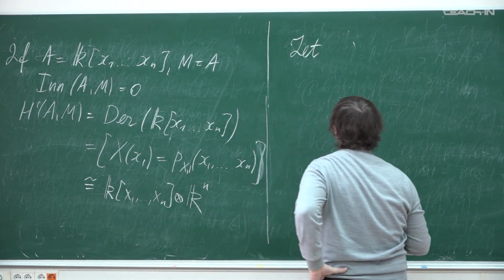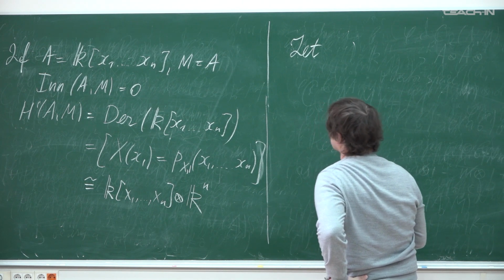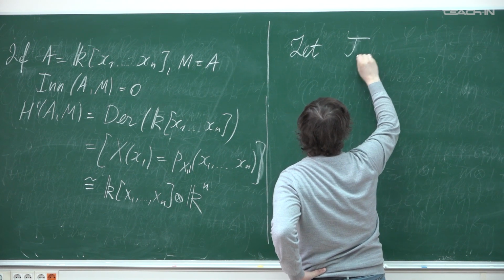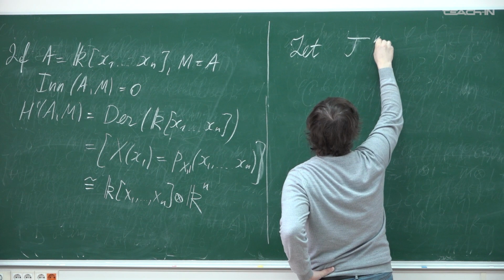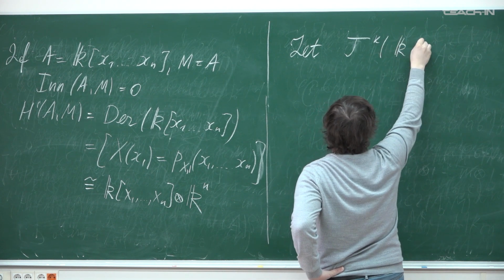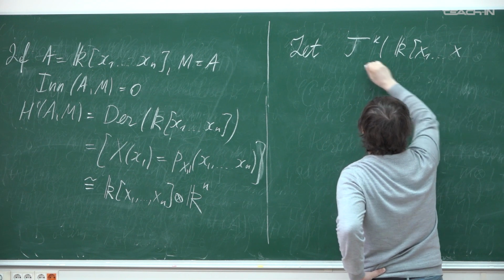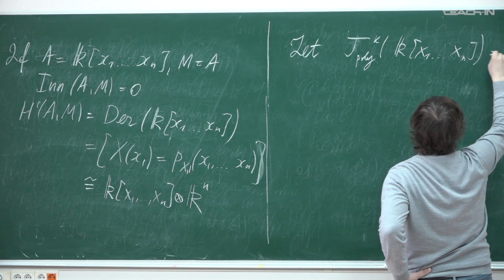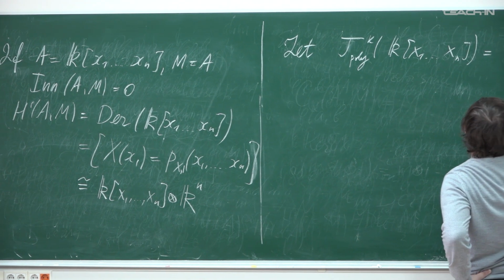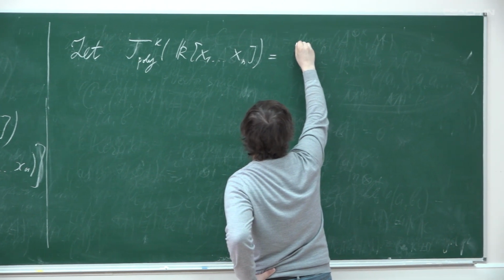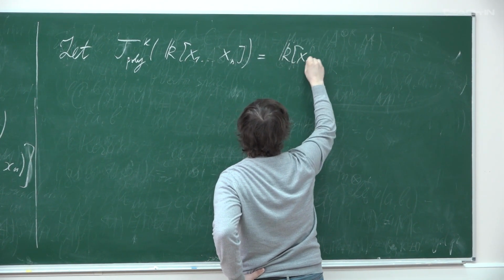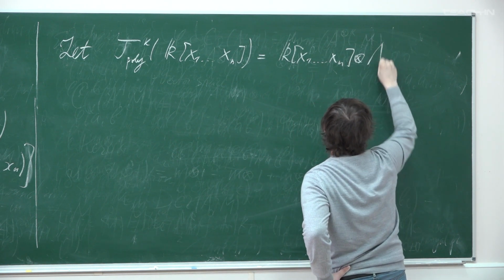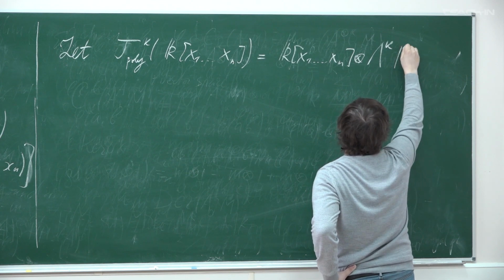Let T^k(K[x1, ..., xn]) be equal to the tensor product of this algebra with the kth wedge product of K^n.